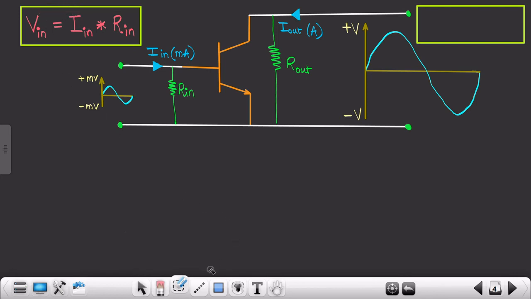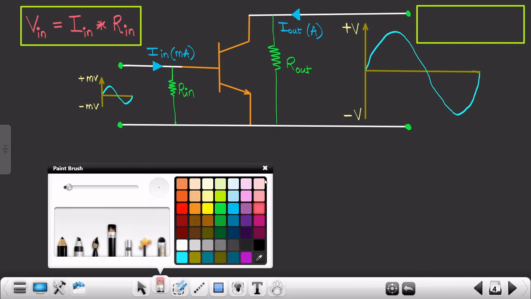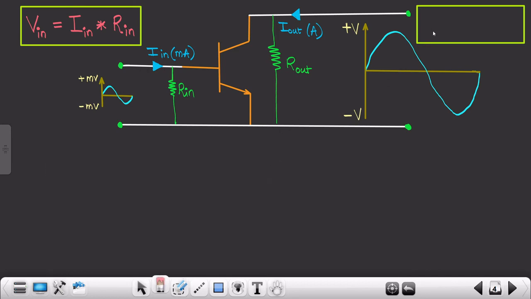In a similar way, if I come to the output side, by applying Ohm's law we have V out is equivalent to I out into R out, the output current into R out.